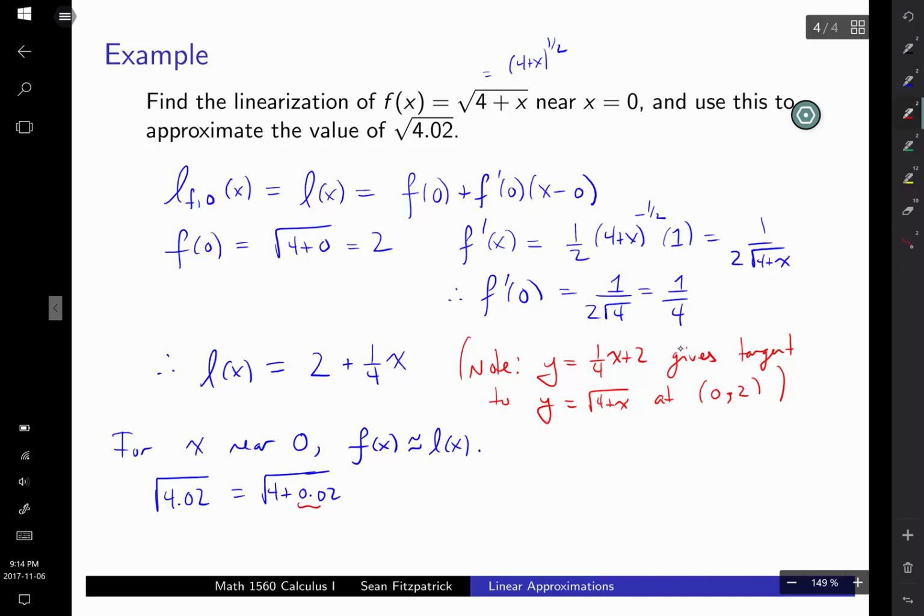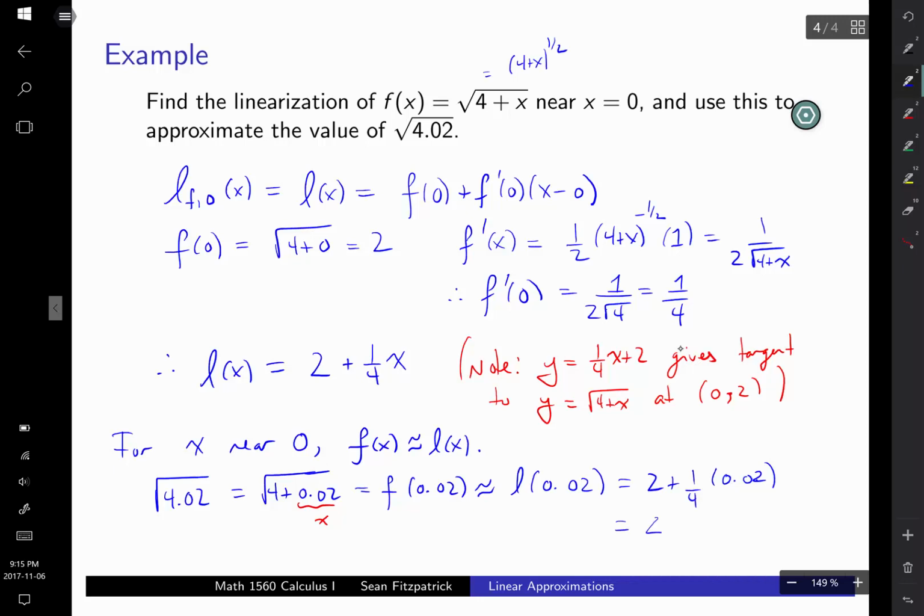So this is our x value. That's pretty close to 0. So this is f of 0.02, and we can approximate that by L of 0.02. So we get 2 plus 1/4 of 0.02. And actually we can work out what that is.